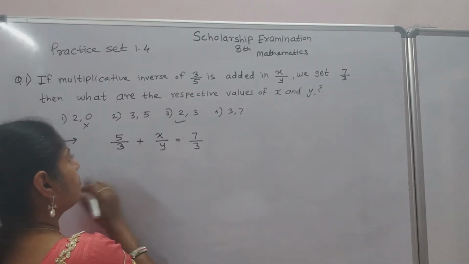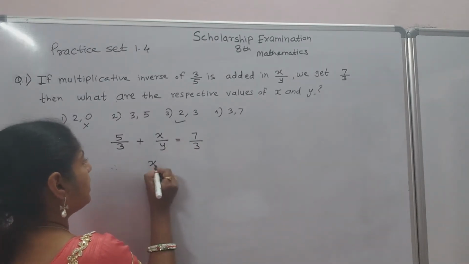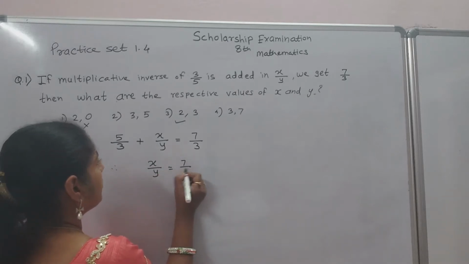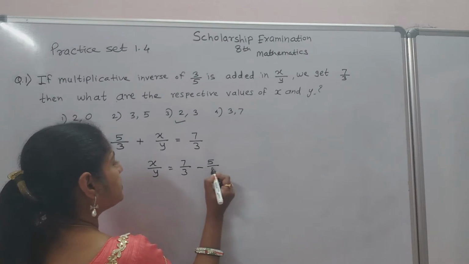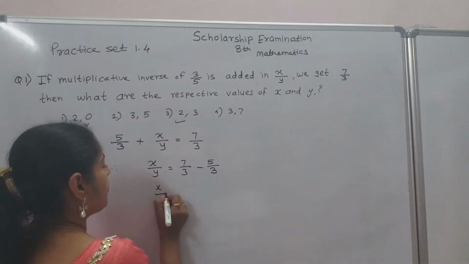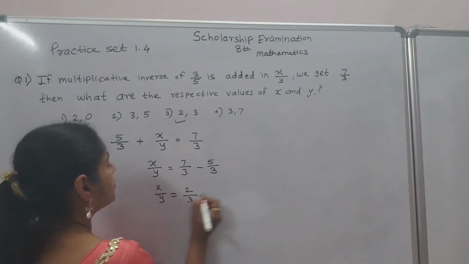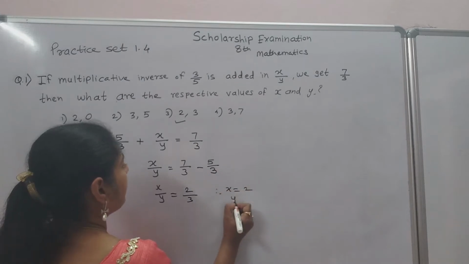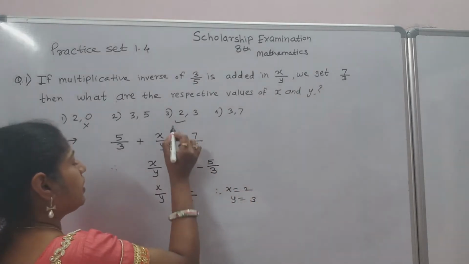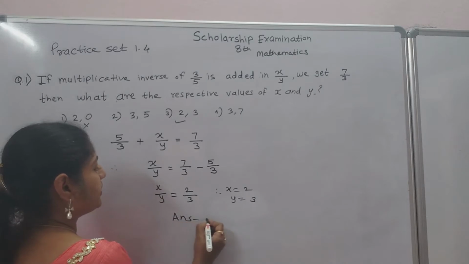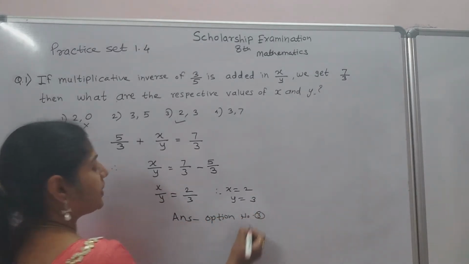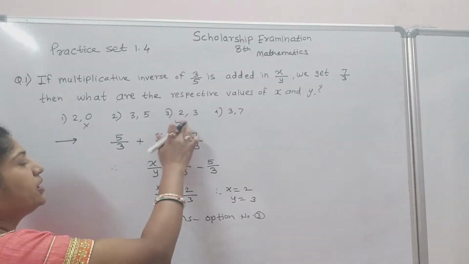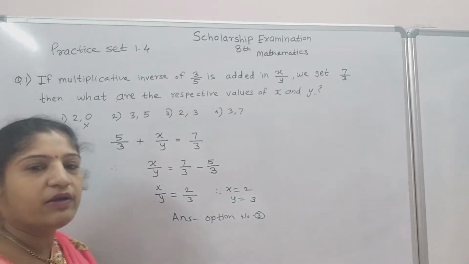But if you want to solve, then x upon y equals 7 upon 3 minus 5 upon 3, so x upon y equals 2 upon 3. So x equals 2 and y equals 3. So our answer is option number 3. But by observation we can also find the value of x and y.